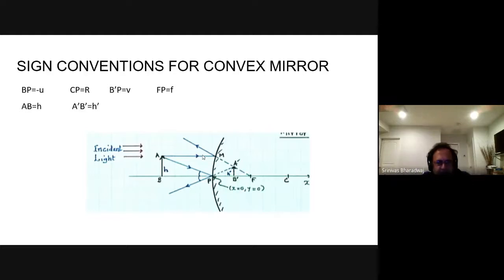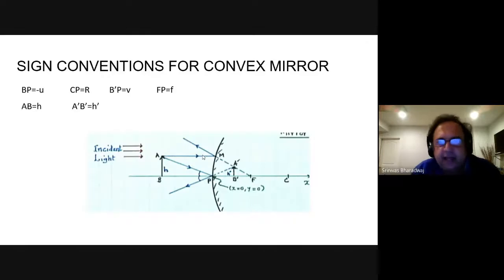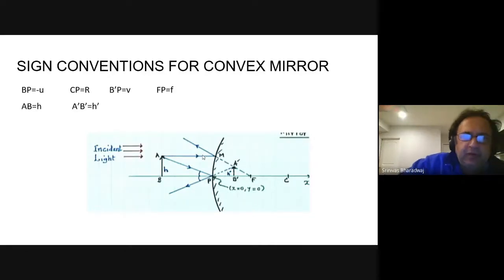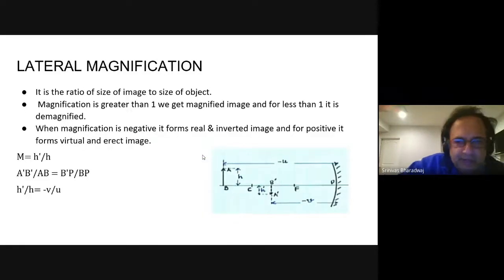So now while you're driving, an image of the car behind you, based on the incident light, is going to be formed inside the mirror. As the car comes, it will suddenly become big. I don't know if you've seen that. But again, the same rules apply: 1/v + 1/u = 1/f.